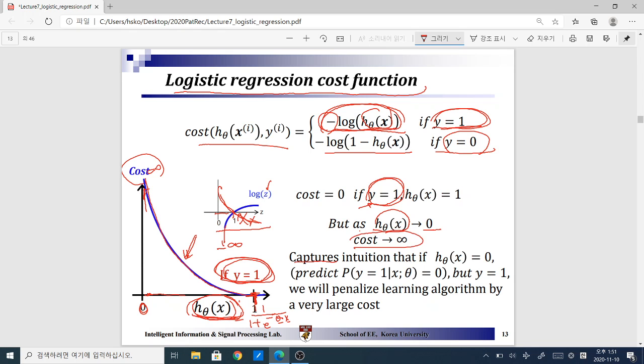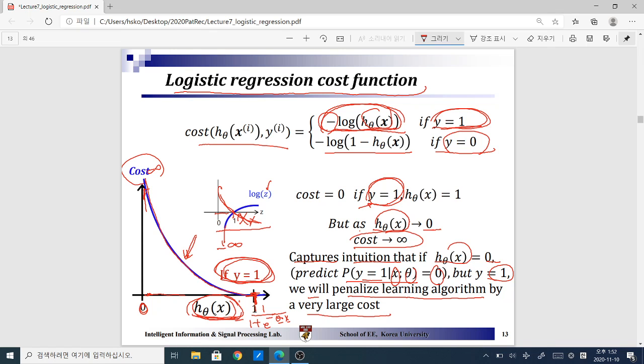So it captures essentially the intuition that if the prediction is 0, meaning that the probability, given the feature parameterized by this parameter, that the label is 1 is essentially 0, but the sample's label itself is already 1, which is actually the opposite case, then we should penalize the learning algorithm with a very, very large cost.